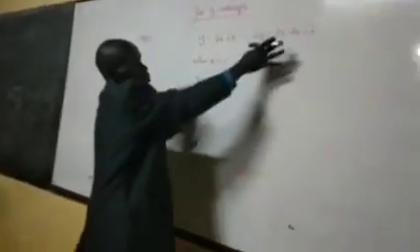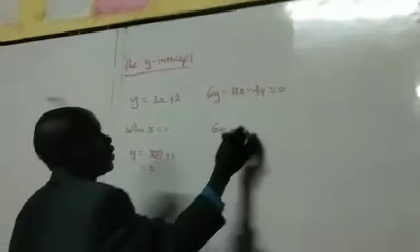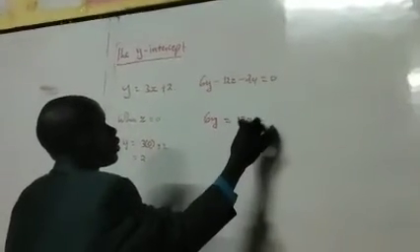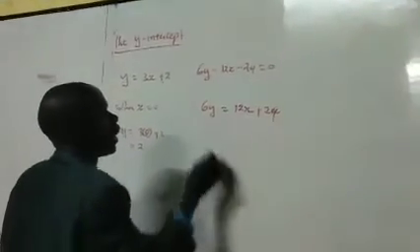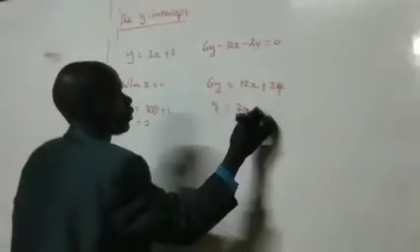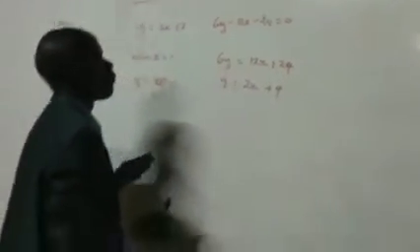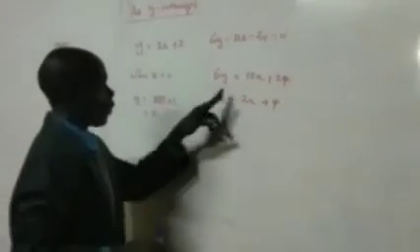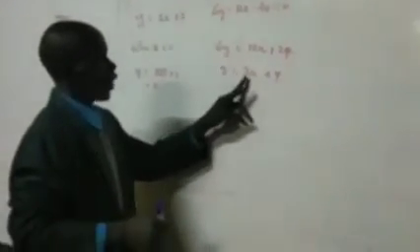For this case, what will be the y-intercept? We take the other variables to the other side, so we have 6y is equal to 12x plus 24, and y will be 2x plus 4. Therefore, the y-intercept is only found when the value of x is 0.